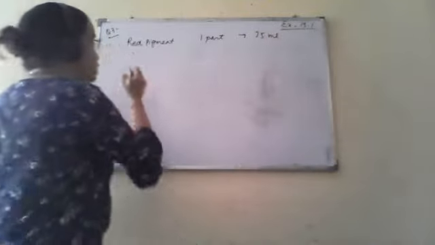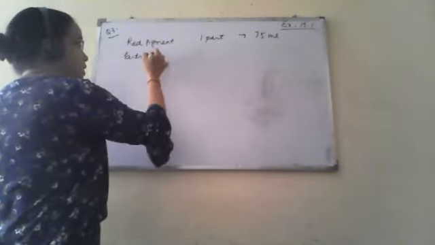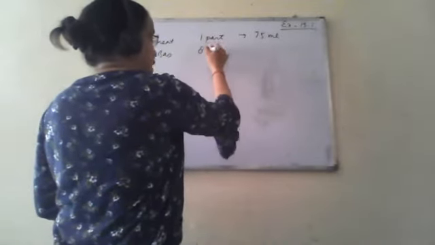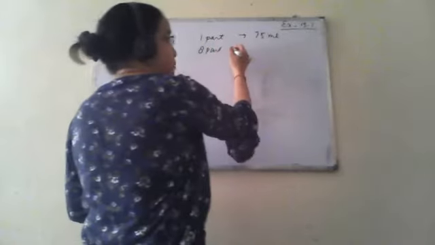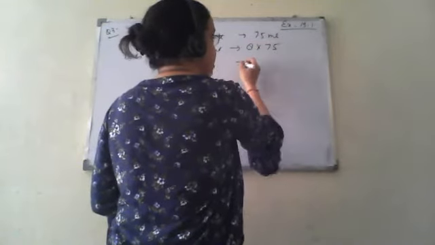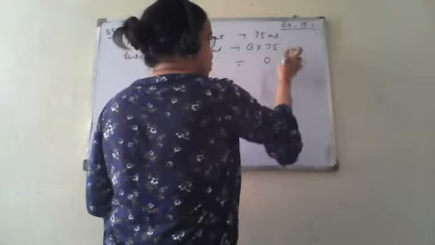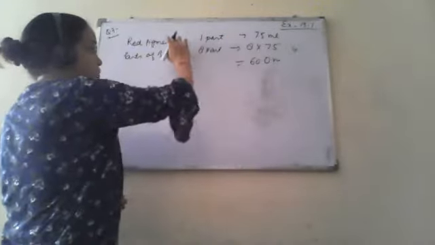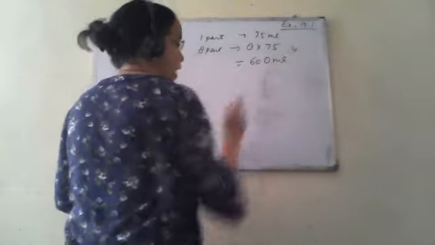And in question number 2, for one part of red pigment, the parts of base required was 8 parts. If one part is equal to 75 ml, then 8 parts will be equal to, it is simple unitary method, 8 into 75, that is 8 5s are 40 and 8 7s are 56, or 600. Means for 75 ml of red pigment, the number of ml of base required is 600 ml.